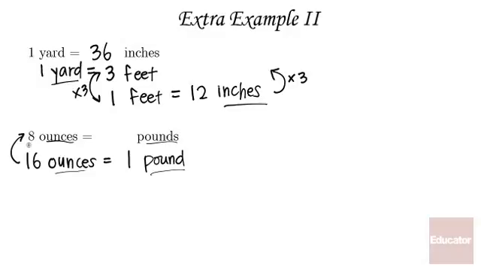To get from 16 to 8, I divided by 2. So I have to take this number and divide by 2 as well. I have to do the same thing to both sides. So 1 divided by 2 is 1/2. 1/2 is the same thing as 1 divided by 2. So 8 ounces is half a pound.